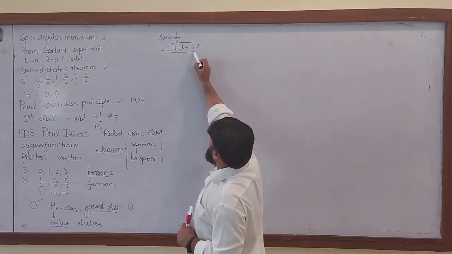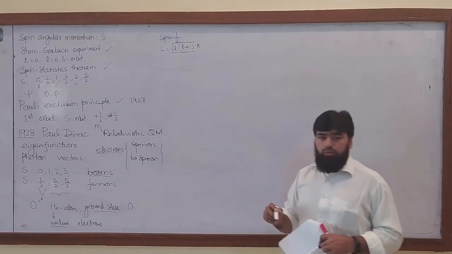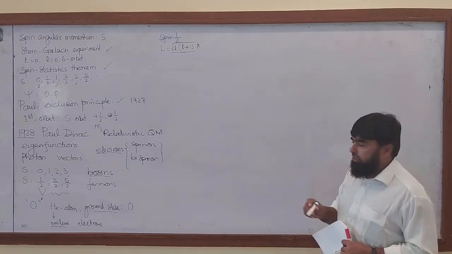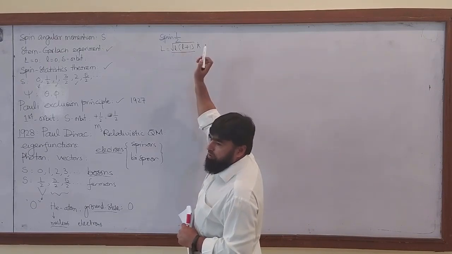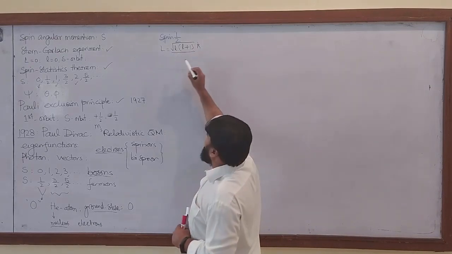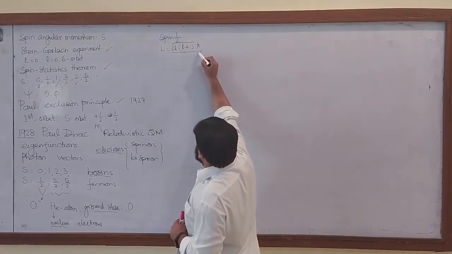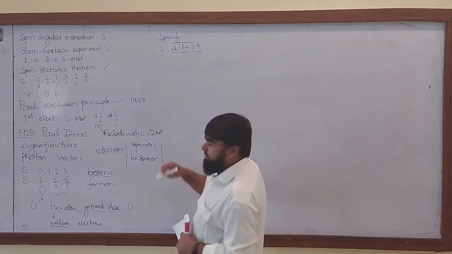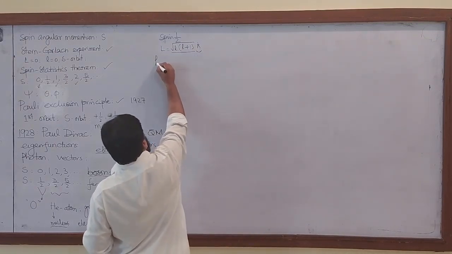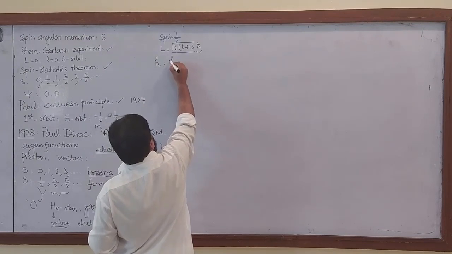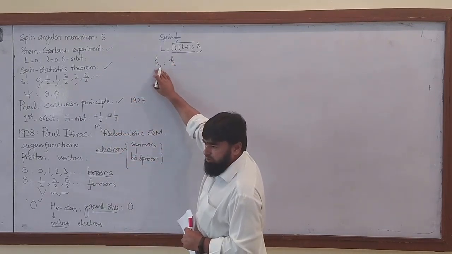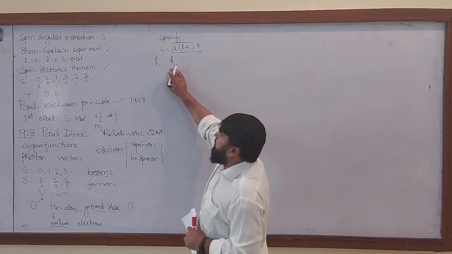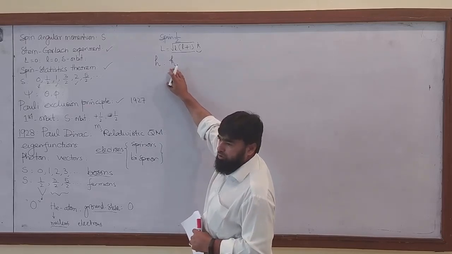You know that this number is a dimensionless number. It's just a number, because it can be 0, 1, 2, 3, 4, and so on. The dimensions of angular momentum are here, h and then h bar. This you call the Planck constant, and this you call the reduced Planck constant.